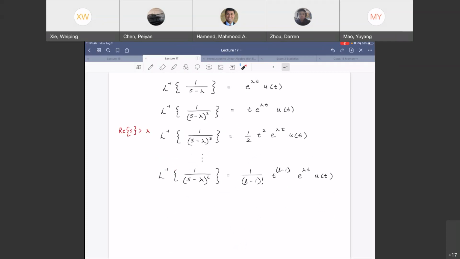So, the procedure, I hope, is very straightforward. You give me a function in s. I will try to represent it as a proper fraction. Once I represent it as a proper fraction, I will use one of those three cases, or maybe other cases that I know.